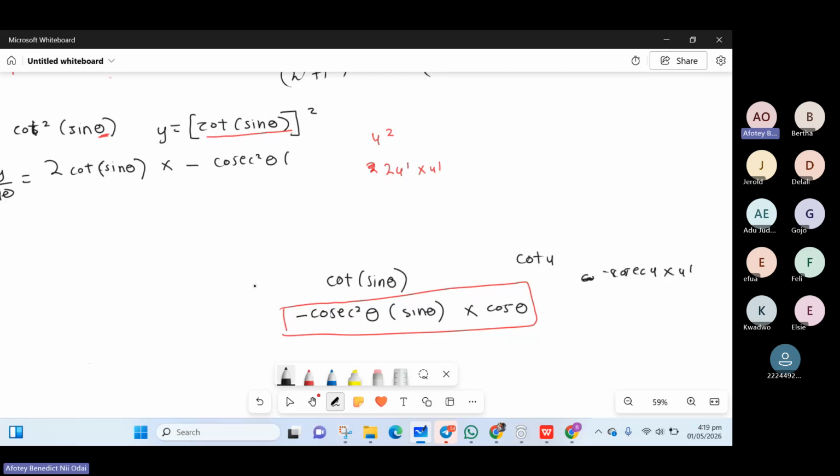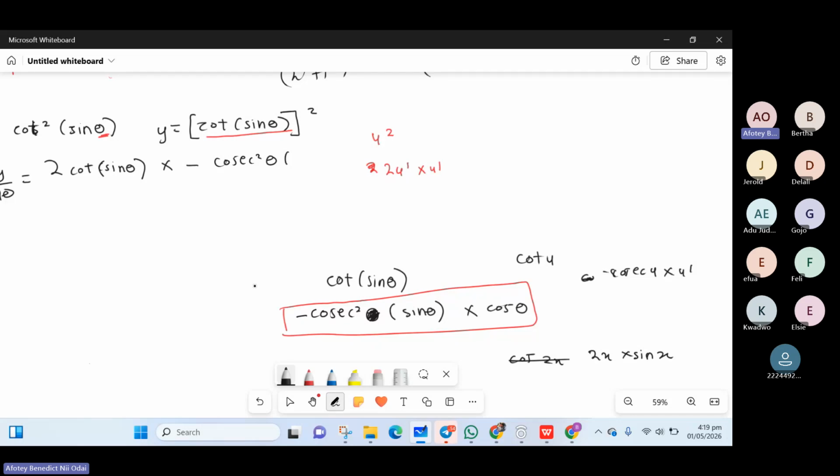Oh, so this was a terrible error I made, a very, very terrible error. You shouldn't have the theta over here, okay? Because your theta is now your sine theta. I hope you get what I'm saying, right? This is not like cos 2x times sine x.